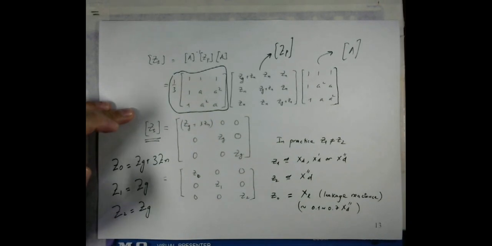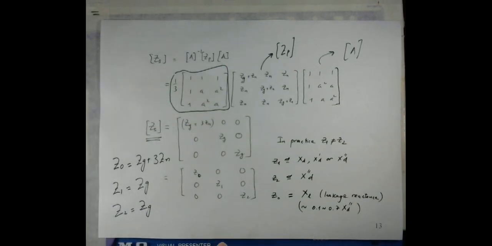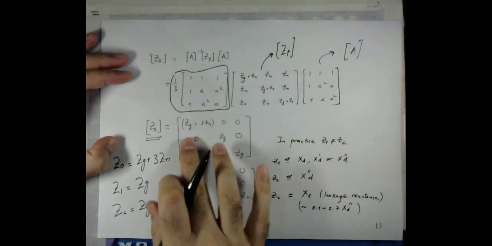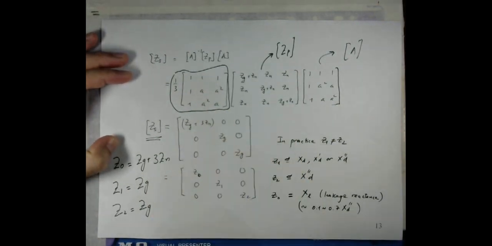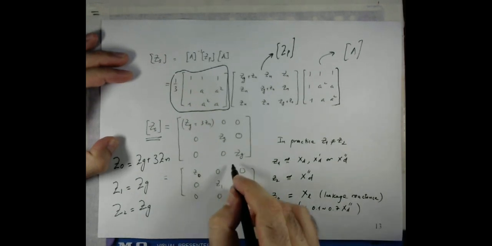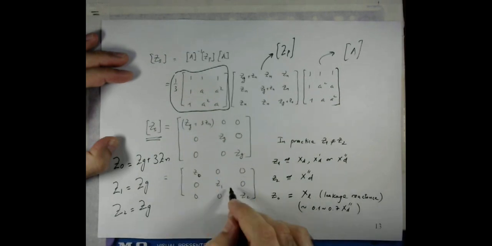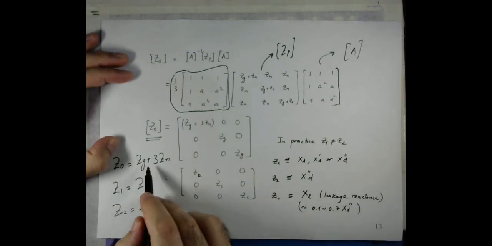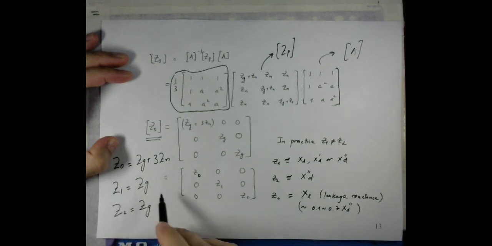So now we have already discussed this matrix. It's the same as what we got for the case of the Y connected loads. So this is the sequence impedance matrix. Z0 is equal to Zg plus 3Zn, Z1 is equal to Zg, and Z2 is equal to Zg.